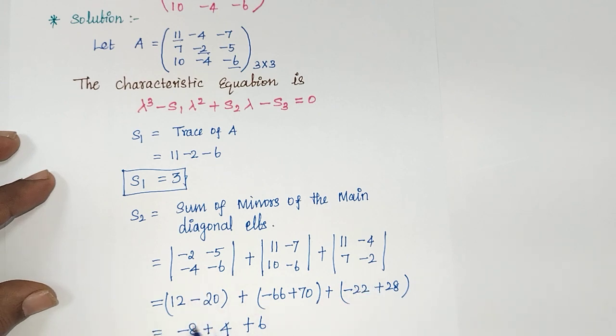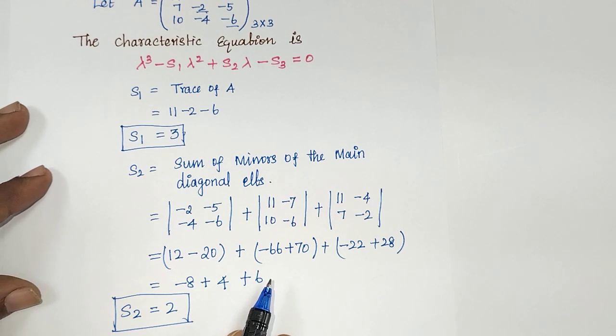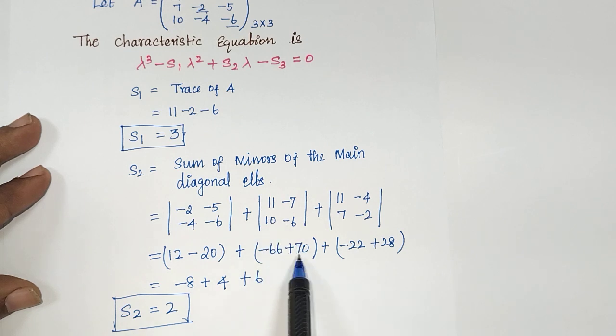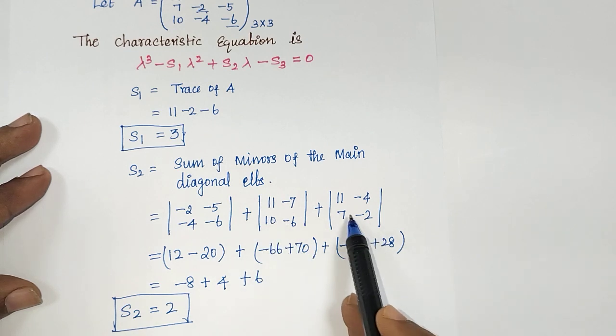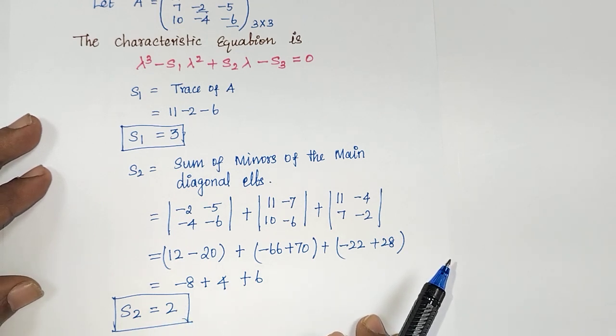Then we apply the determinant procedure. How to solve this determinant? 2 into 6 minus 12 plus 12 minus 20, and minus 66 plus 70, and minus 22 plus 28. When we simplify this you will get minus 8 plus 4 and plus 6. 10 minus 8, you will get S2 equal to 2.